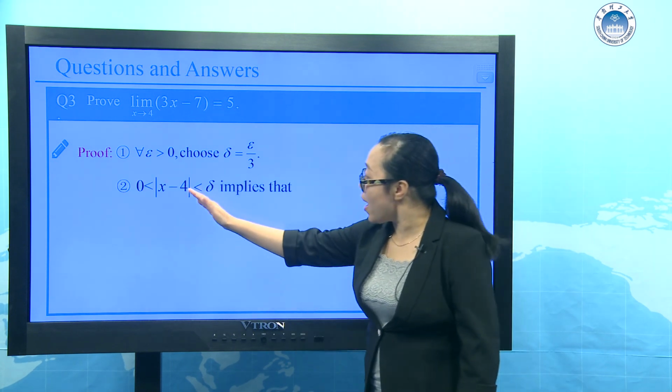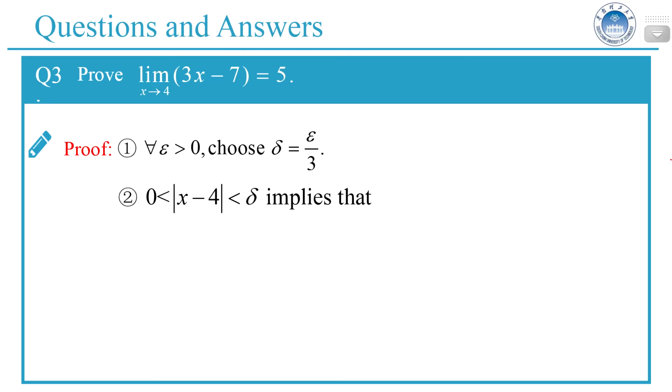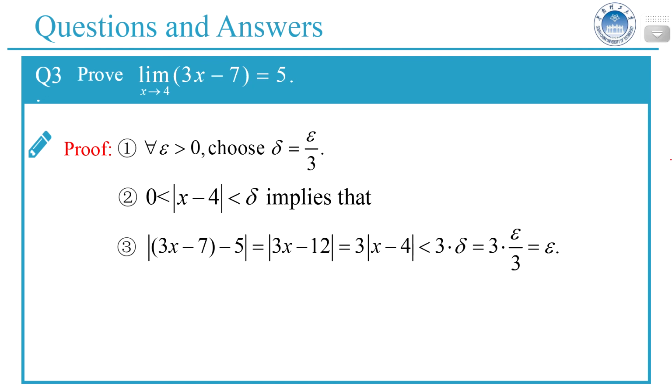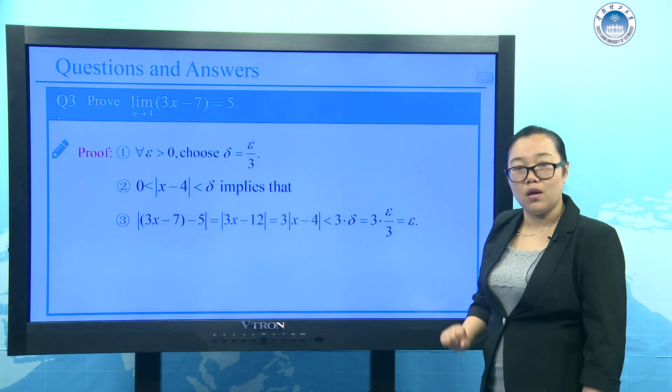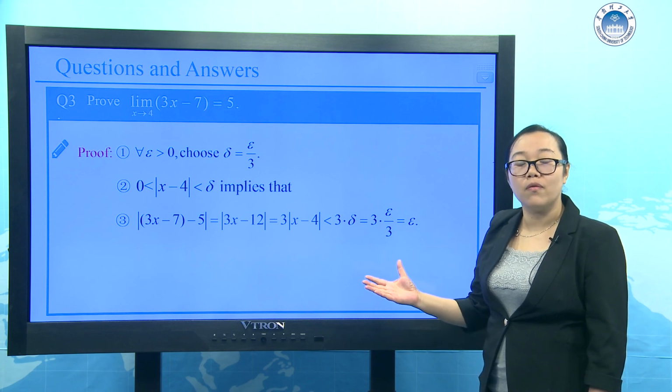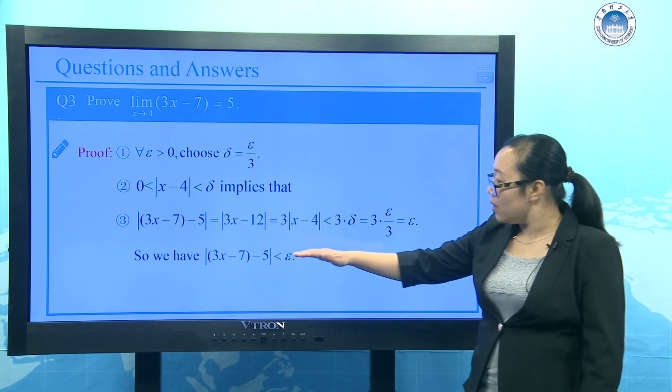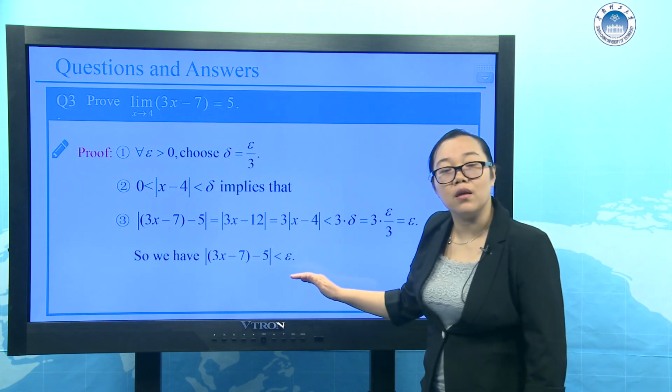At this time, 0 less than |x minus 4| less than delta implies that |f(x) minus L| equals 3 times |x minus 4|, less than 3 delta. Delta means epsilon over 3, so 3 delta equals epsilon. According to our definition of limit, this expression is always less than epsilon.